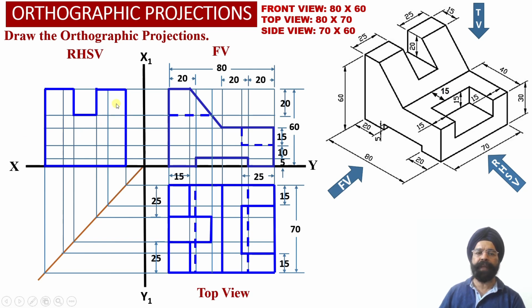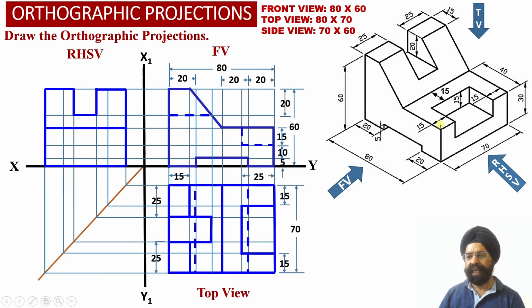Now in order to obtain the right hand side view projections, as we are going to look at the solid from the right hand side view orientation, we will observe that we are going to obtain the boundary of the object as it is shown over here. So this boundary of the object will be visible to the observer from the right hand side view orientation over here.